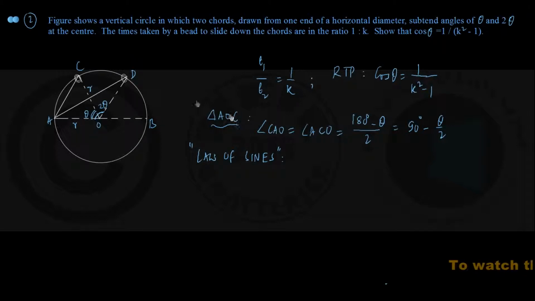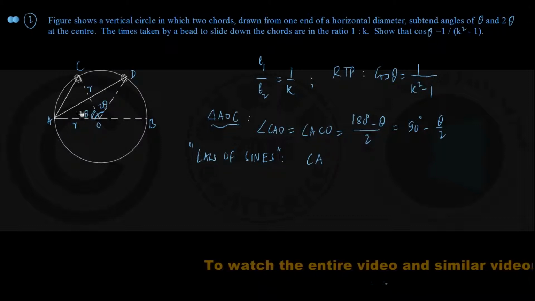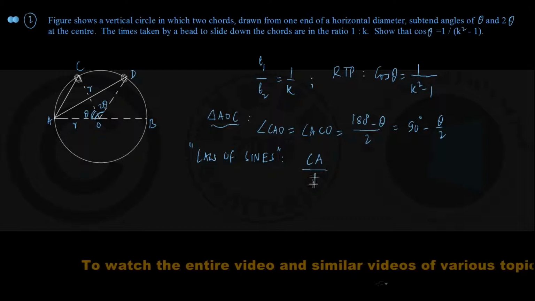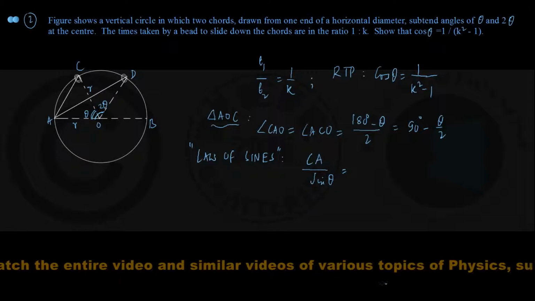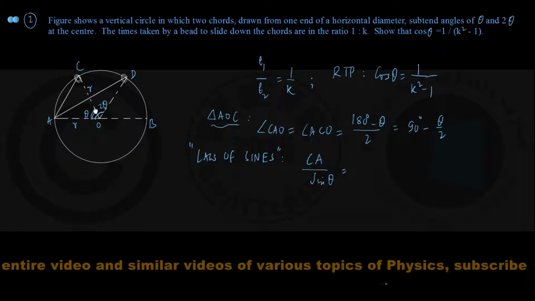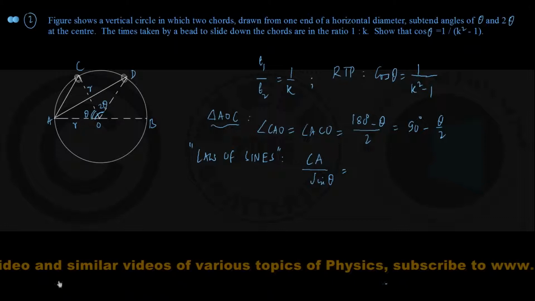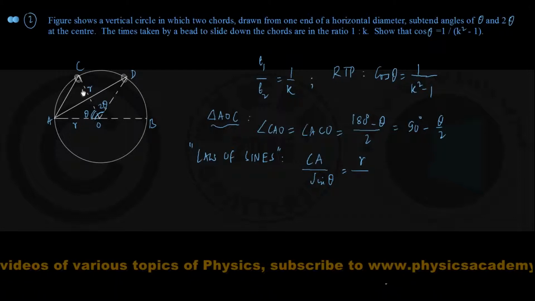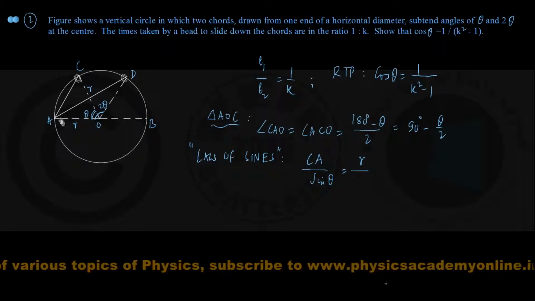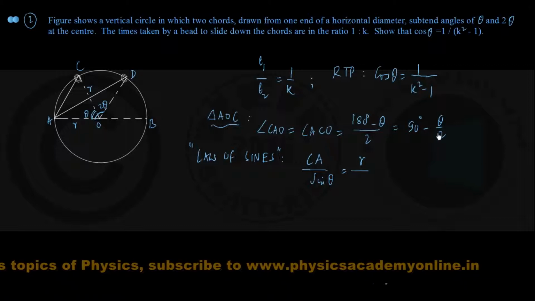So, referring to this triangle AOC, we might write down that the length CA divided by the sine of the opposite angle, that is sine theta, must be equal to some other side, say OC. So the length of OC is equal to R, the radius of this circle, divided by the sine of the opposite angle, but the opposite angle has been found just now to be 90 degree minus theta by 2.